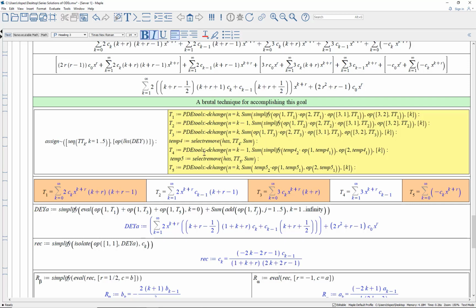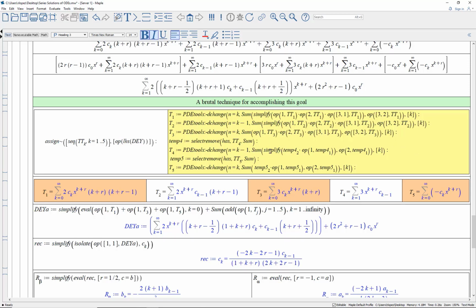So I'm using very, very, very low-level tools to do the manipulations that I learned out of Rainville by hand. Maple has not made this easier, has not provided tools for those manipulations.